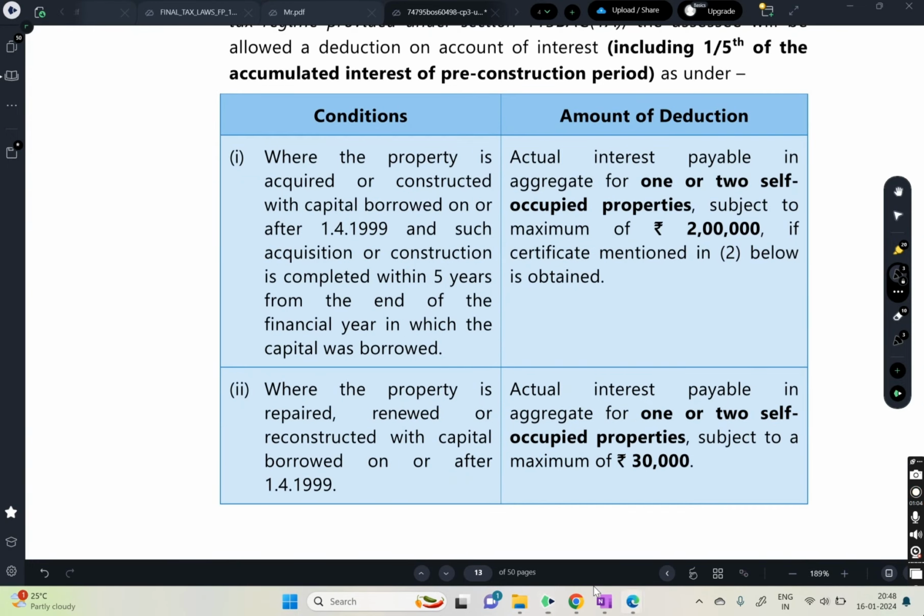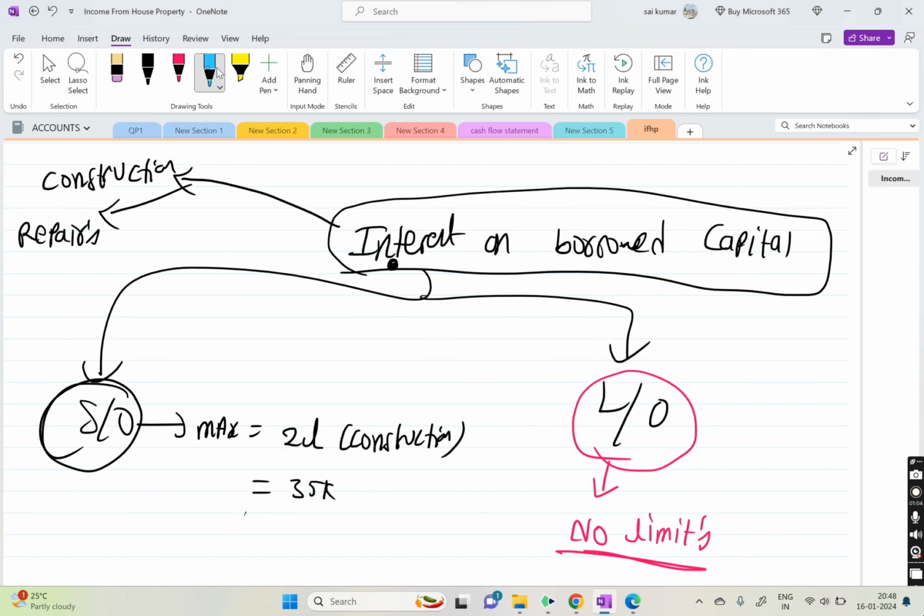Yeah, 30,000. You can claim 30,000 for repairs. And then remember, again overall it cannot exceed 2 lakhs in aggregate.